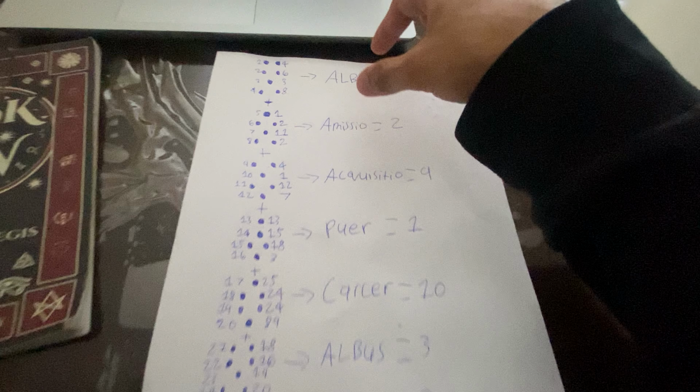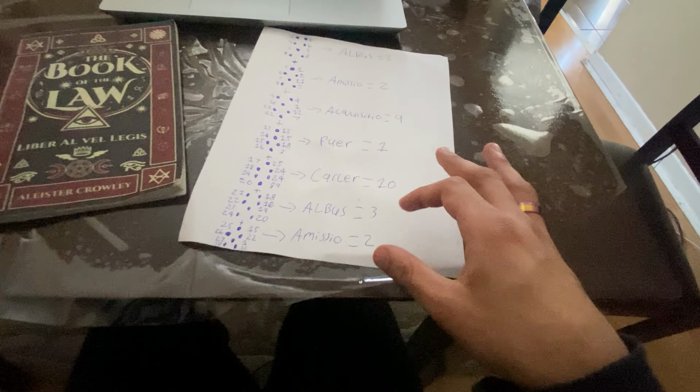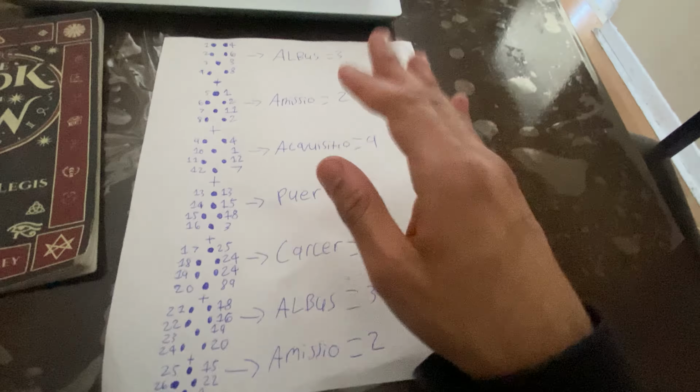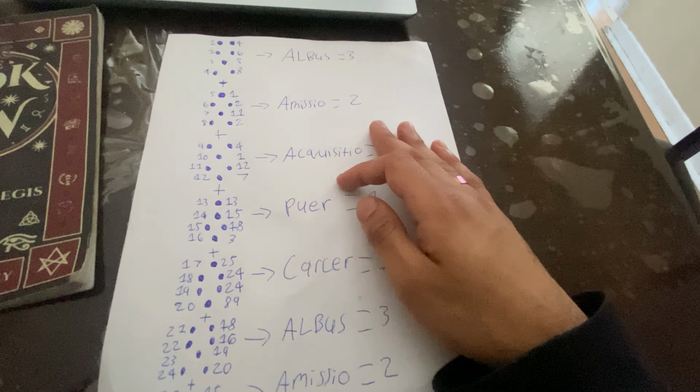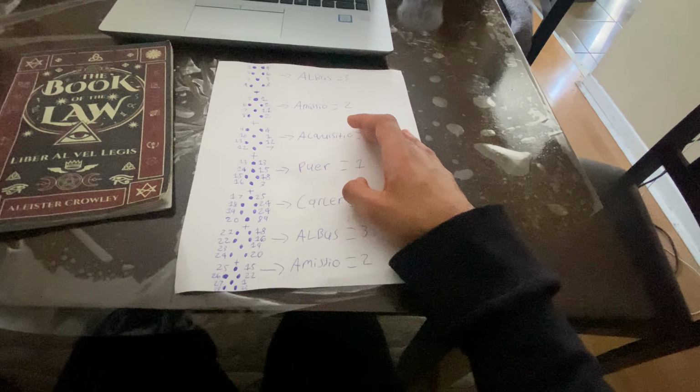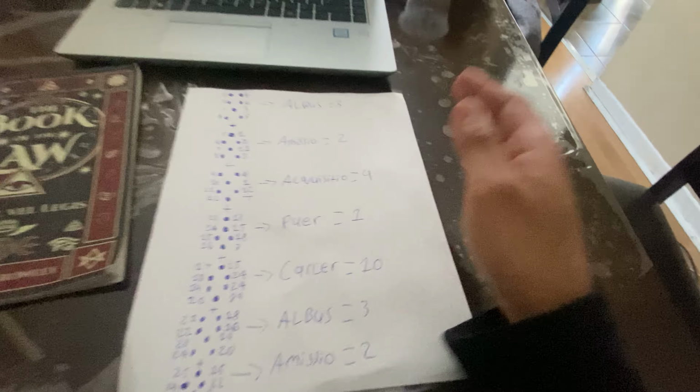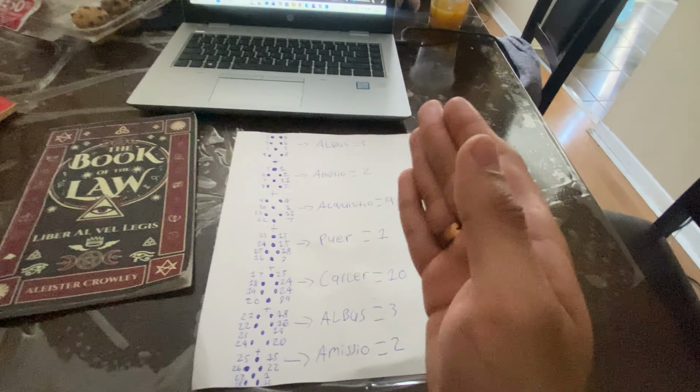So notice how Albus and Amicio begin and end this decoding, meaning that there might be a secret within the acquisition, the boy, and the prison. I think that's really important to keep in mind.